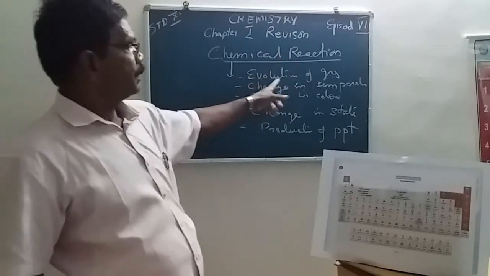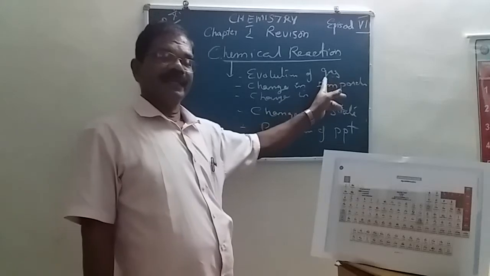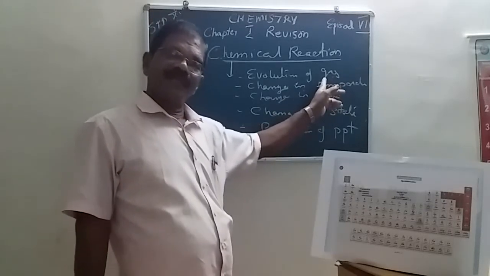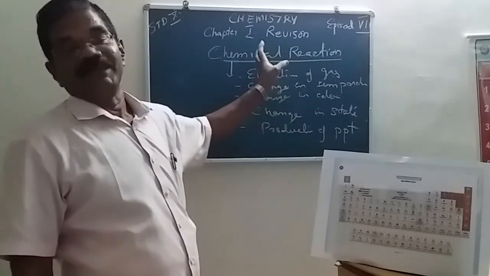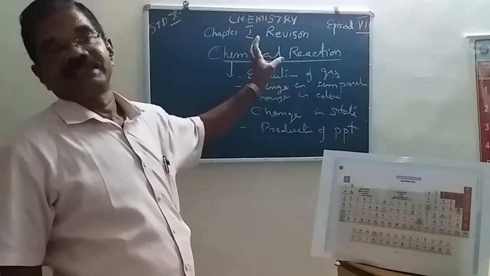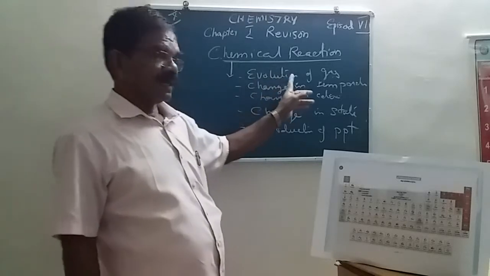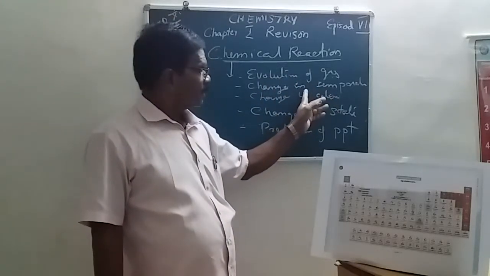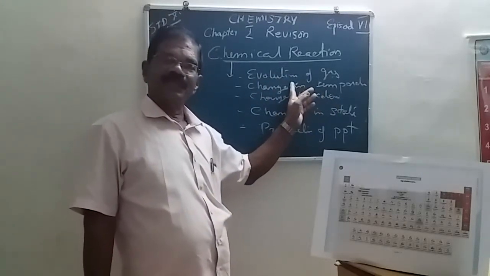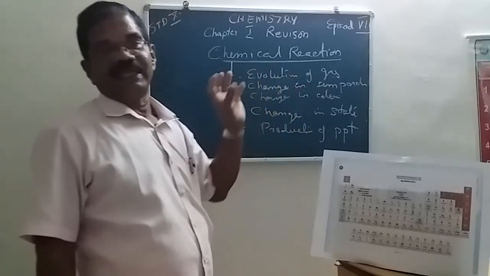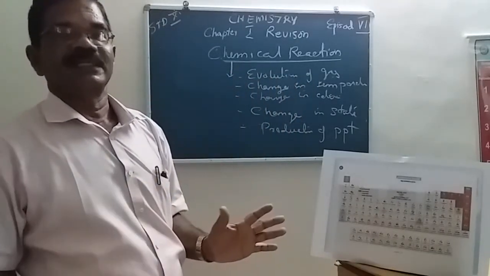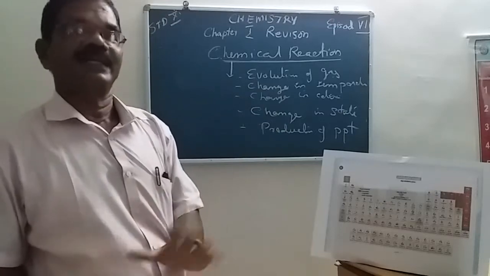For example, in a reaction there may be an evolution of gas. Any metal reacting with acids produces hydrogen. Not only zinc, magnesium or any other metal reacts with the acids. Any metal reacting with an acid produces its own salt and hydrogen gas.